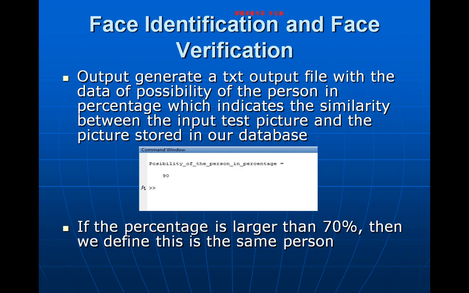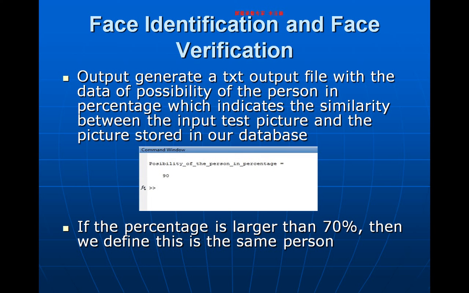After running the MATLAB code, we will get an output file, which will show the percentage of how similar the person in the input image is compared to our database. As you can see from this one, it's 90% similarity, which is greater than 70%.